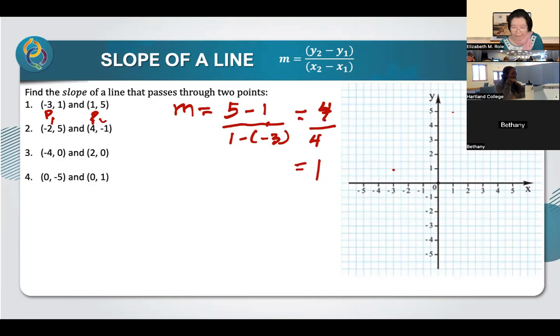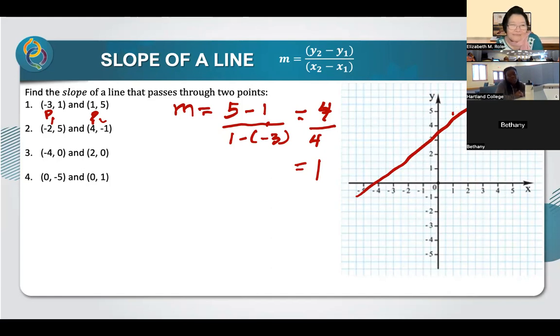In other words, for every change of 1 unit along the y-axis, there's a 4 unit change along the x-axis. All right. So actually that line is this. So the slope is 1/4.